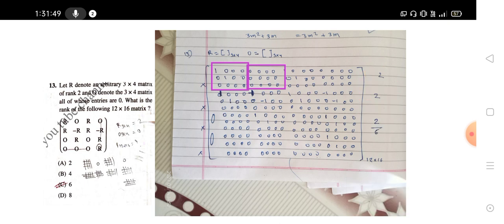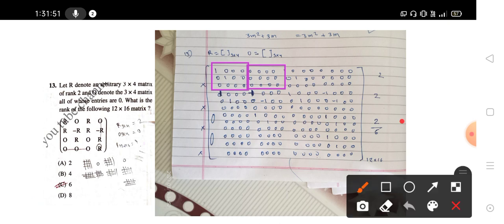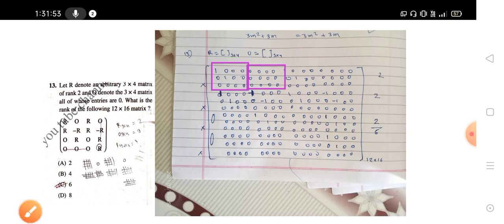That means 2 plus 2 plus 2, a total of 6. In this matrix we get rank 6.